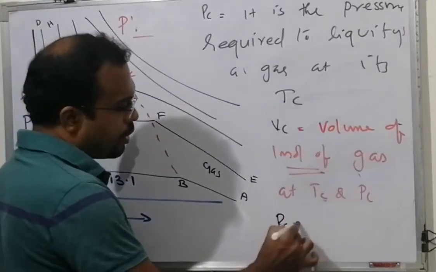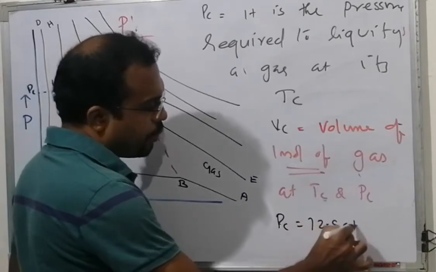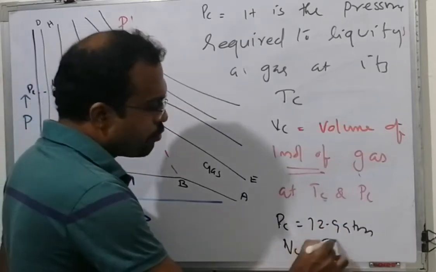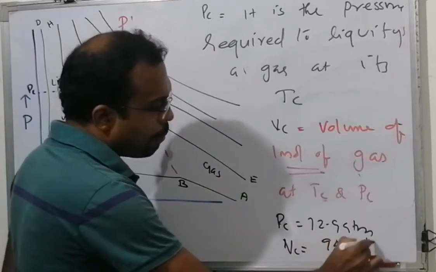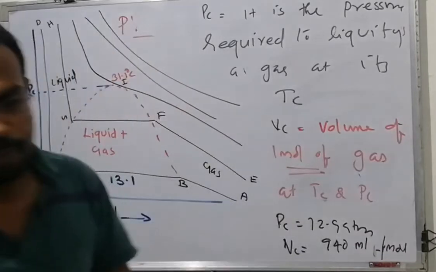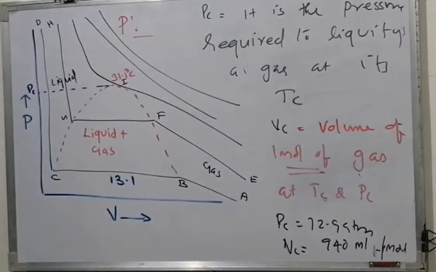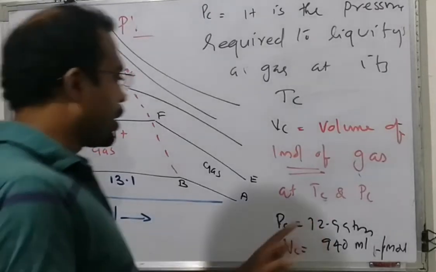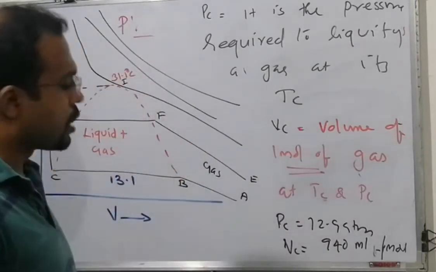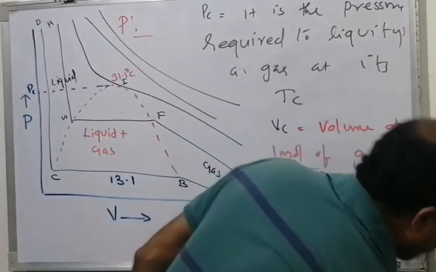Critical pressure of carbon dioxide is 72.9 atm. Critical volume of carbon dioxide is 940 ml per mole. So Pc is equal to 72.9 atm, Vc is equal to 940 ml per mole. What is Tc? 31.1 degree.